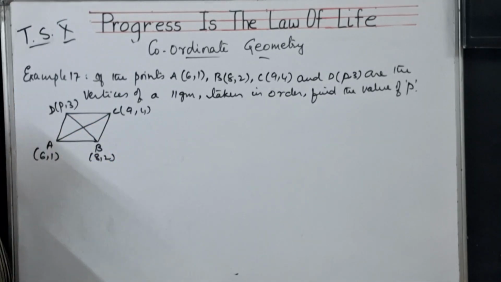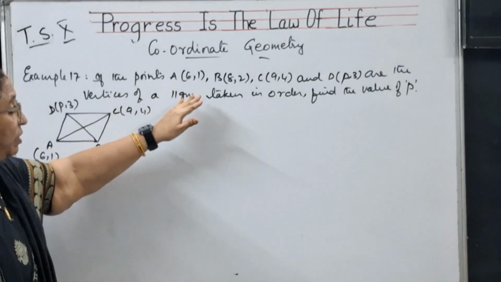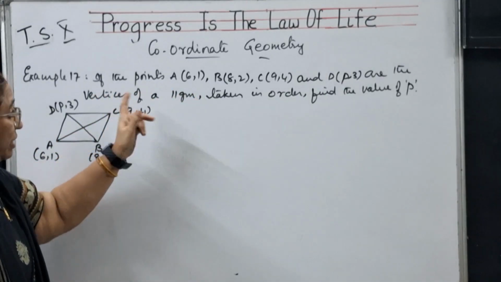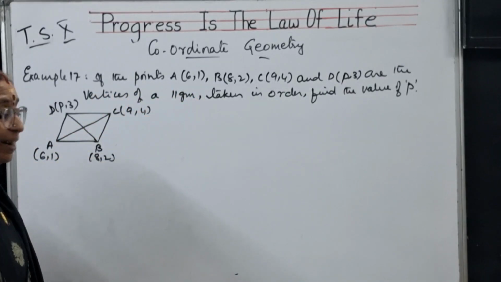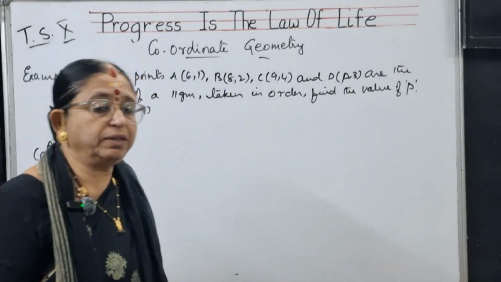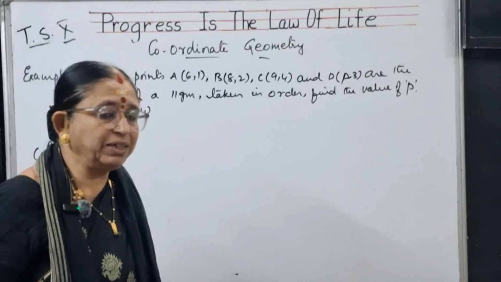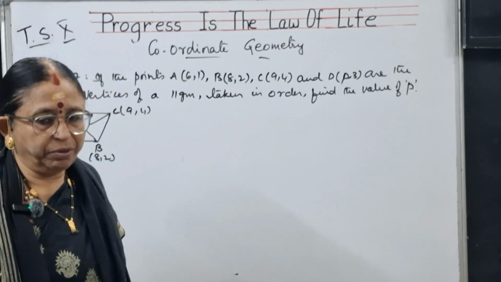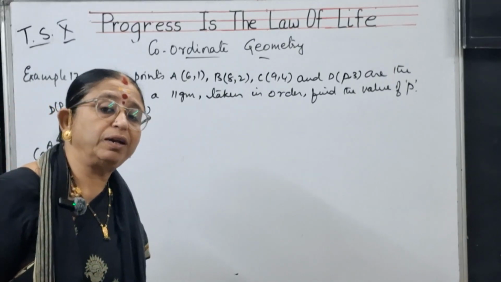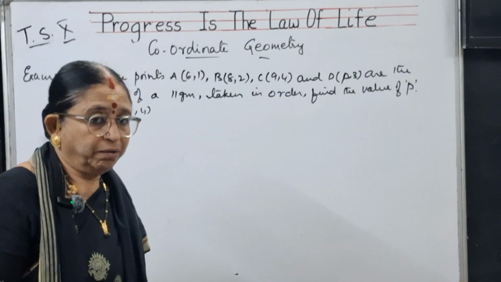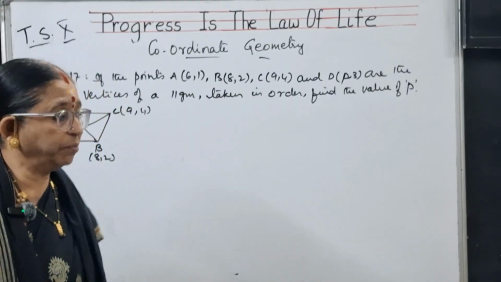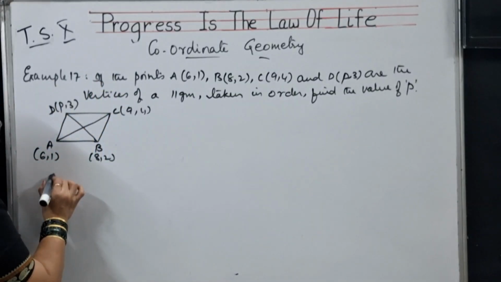Now the question is what, children? They have already given that these are the vertices of a parallelogram. In the earlier case, you needed to prove that they are vertices of a parallelogram. But in this case, they have already given that. If they are vertices of a parallelogram, you can say that the midpoints of diagonals are the same. So we'll write like this.